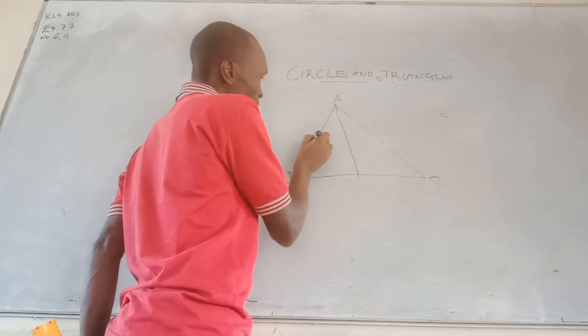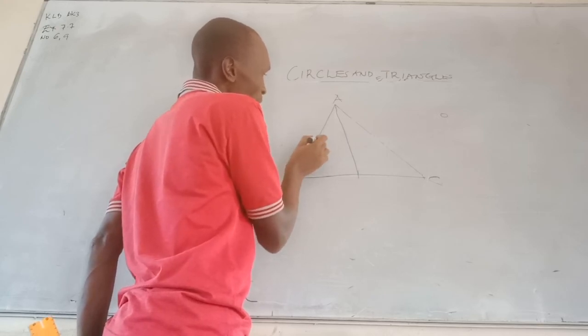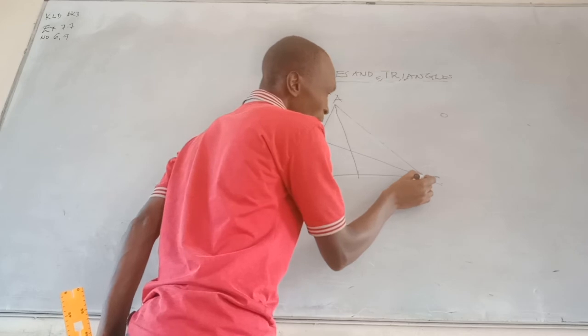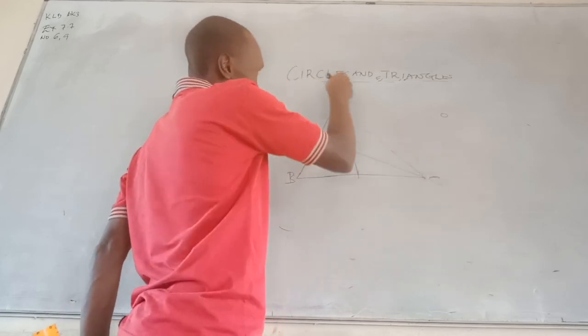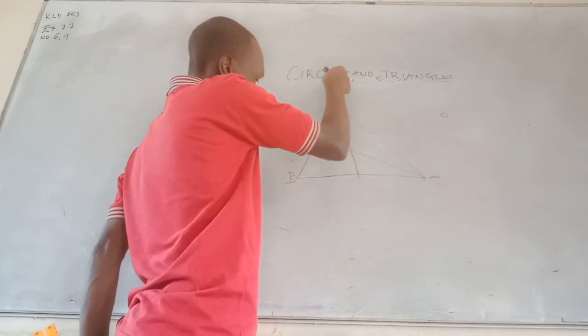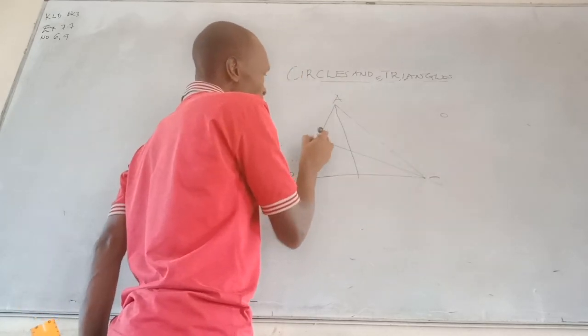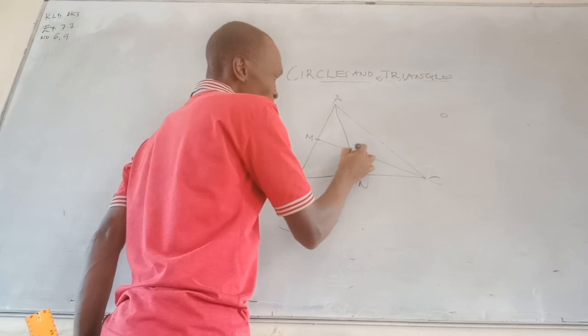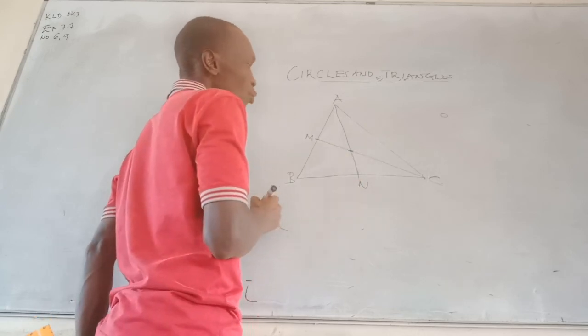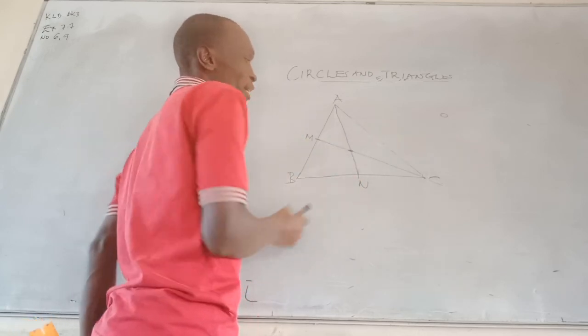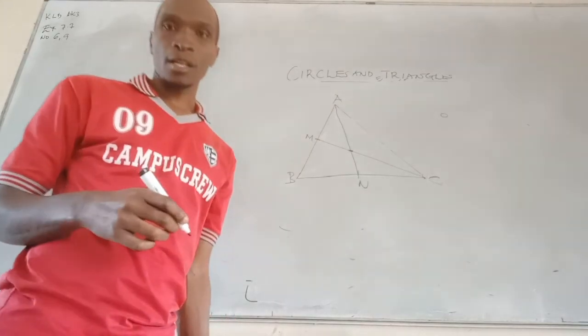Then I get also the midpoint of this, and I join it to the other vertex like that. So the midpoint of AB joined to, so if I say this is M, this is N. So this point here, where all of them meet, is what we call the centroid.